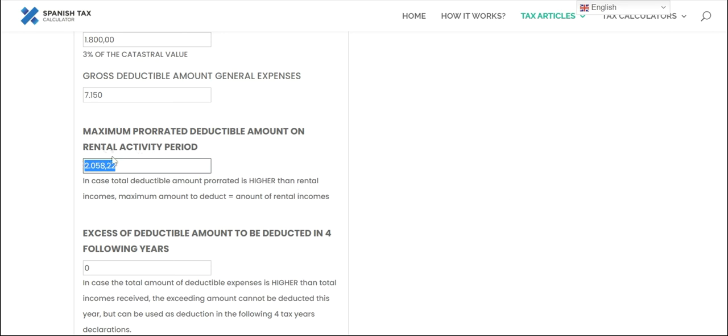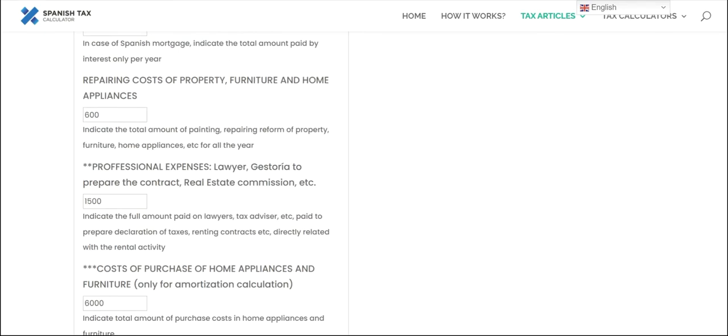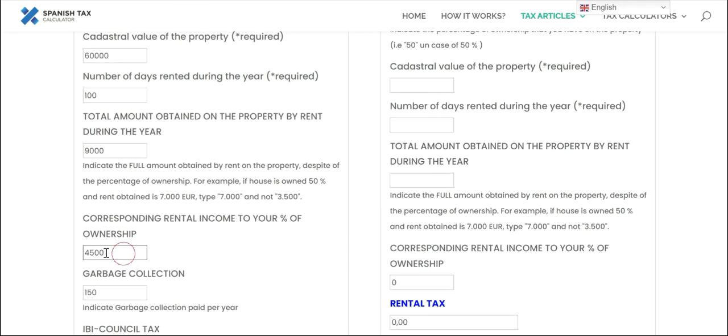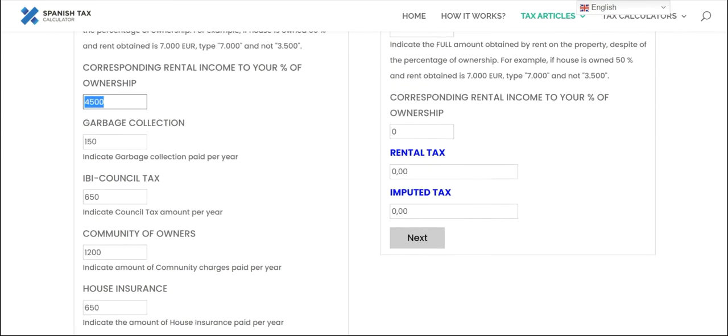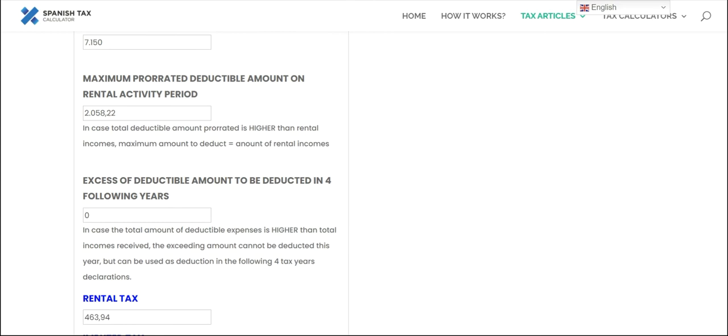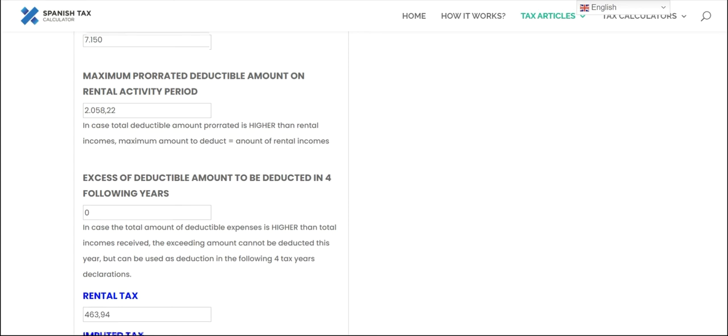So okay, now that we have the maximum prorated deductible amount on the rental activity period, we have to say that if this amount was higher than the income obtained, the 4,500 euros that you have obtained from the rent, then the excess should be deducted in the 4 following years of taxes, but you cannot deduct more than the amount that you are receiving as earnings on the tax.